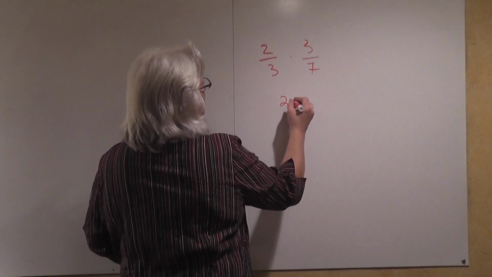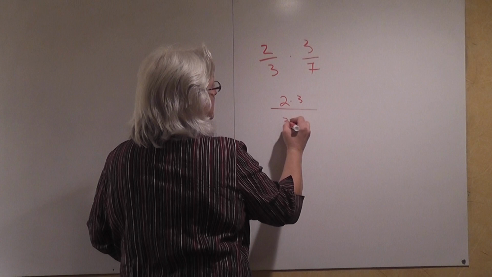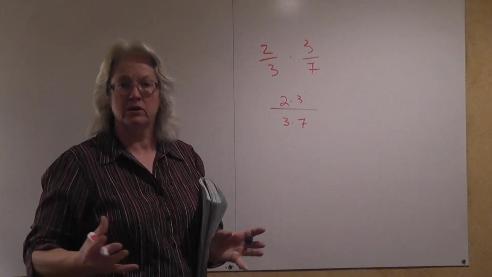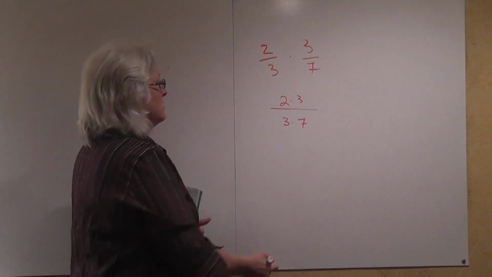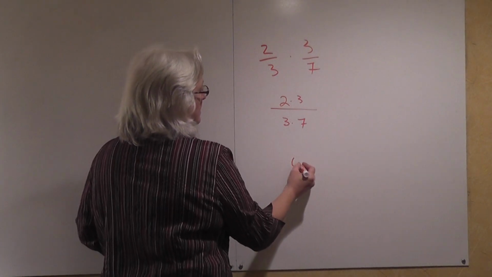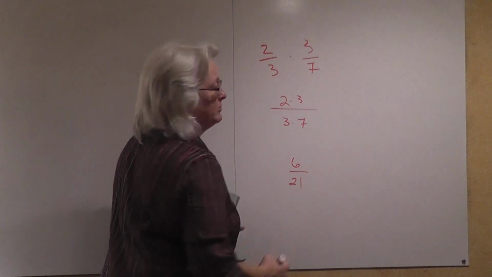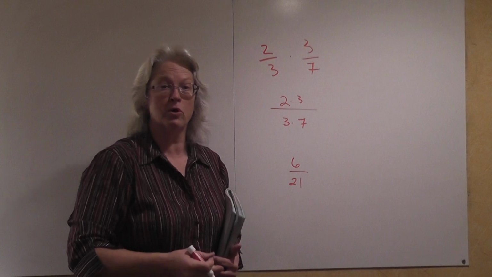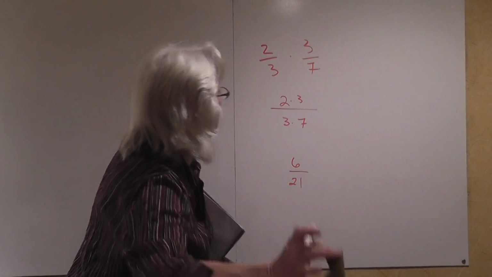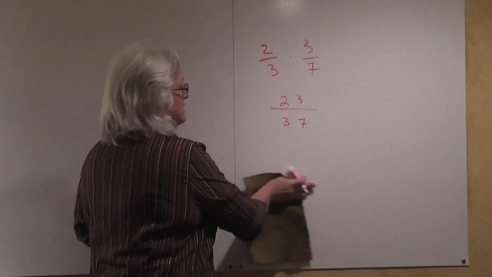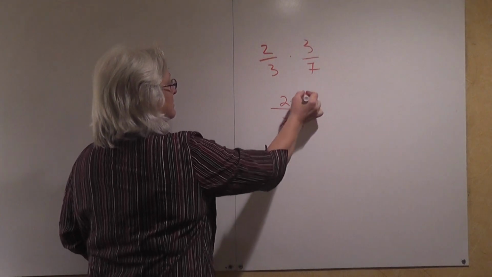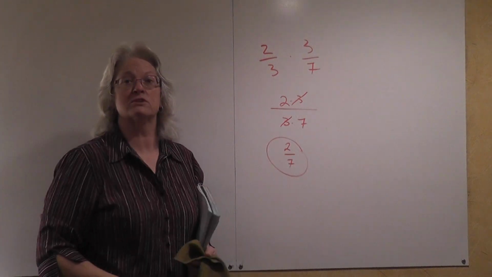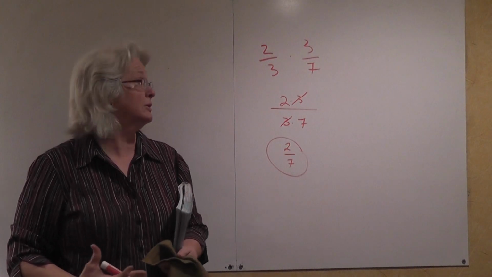You can do your multiplication first, which would give 6 divided by 21, but then you'd have to reduce it. So it makes a whole lot of sense to cancel common factors before you multiply, because then your simplification is much easier to do.